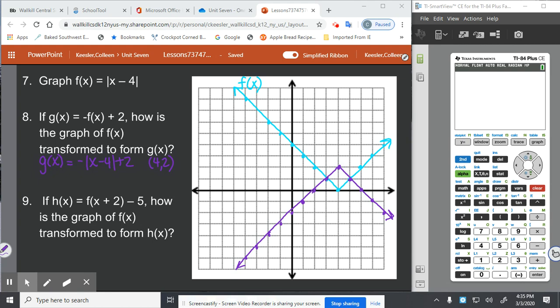And that is now our g of x. So this one reflected f of x over the x-axis and shifted it up 2.